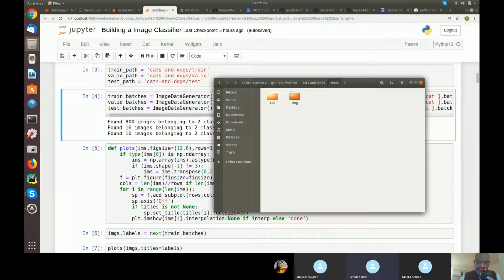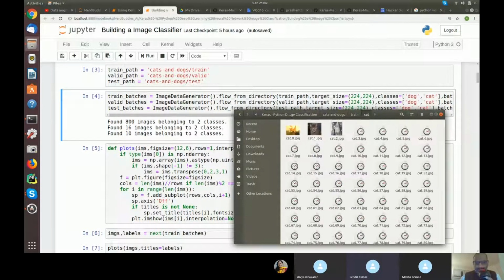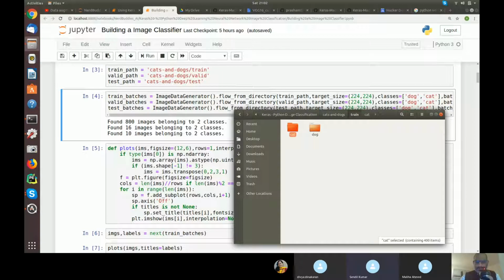Correct. So whatever we mention in classes, it's going to look for that folder? Mm-hmm. And it always has to have the same image size, 224 by 224 pixels? Correct. And there's no count on that one, right?